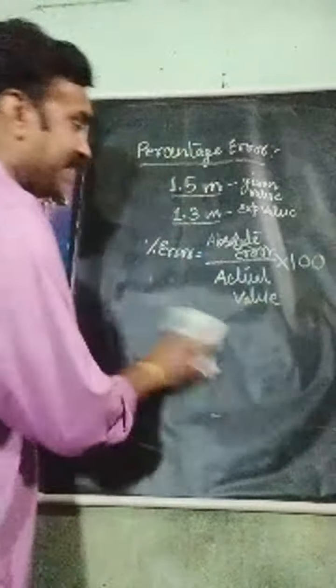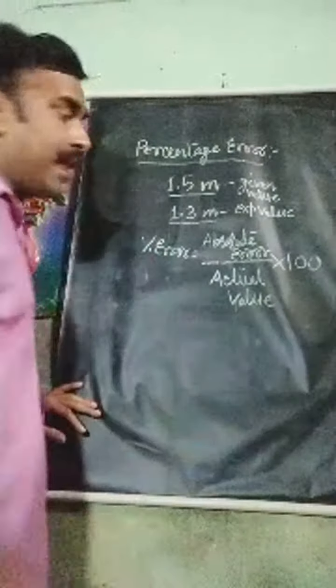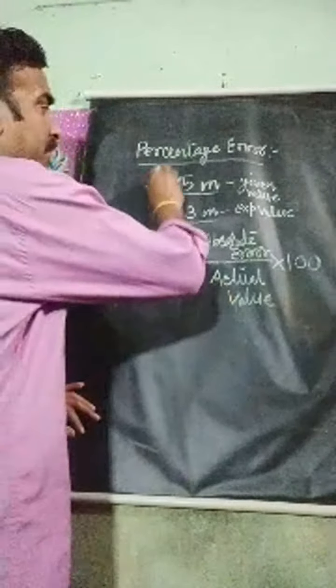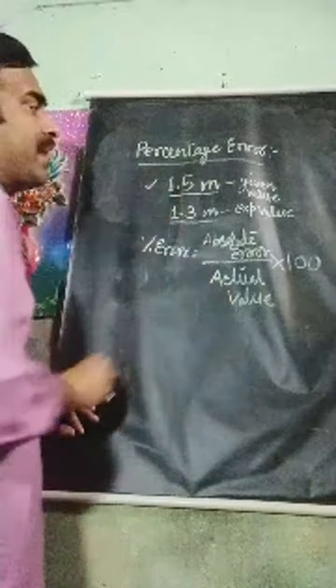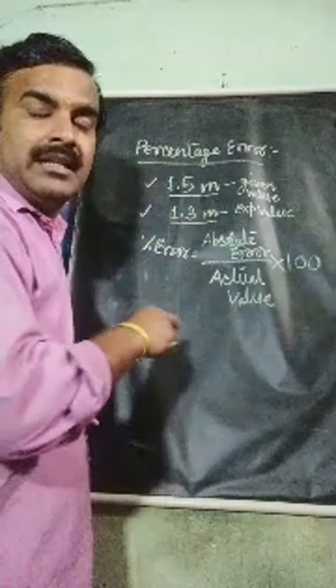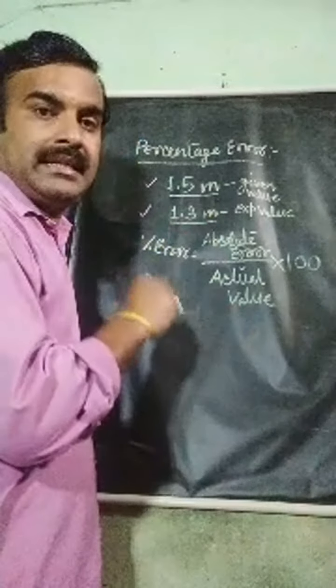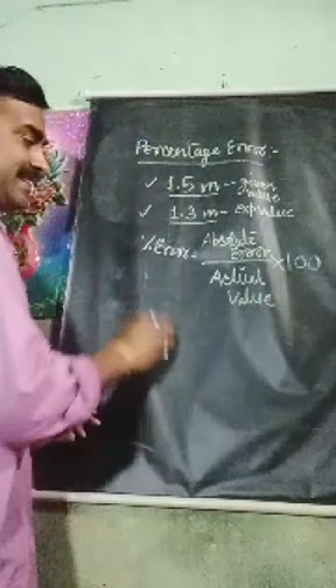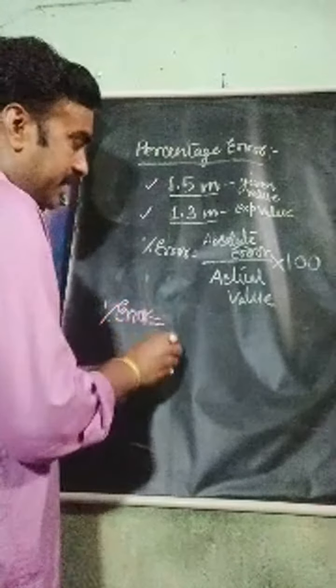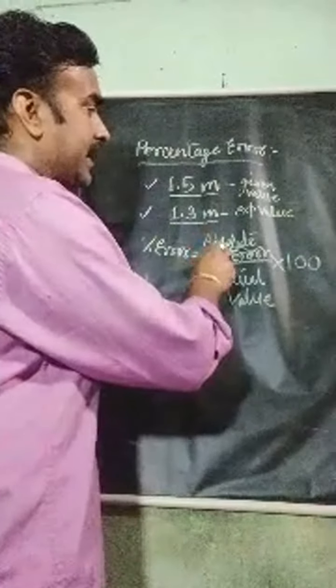How can we calculate? See, the given value you have got is 1.5 meter, and the experimental value you have got is 1.3 meter. So if we want to calculate the percentage error in the length, easily we can calculate by using this formula: percentage error equals absolute error.